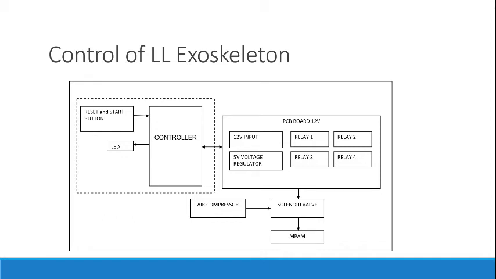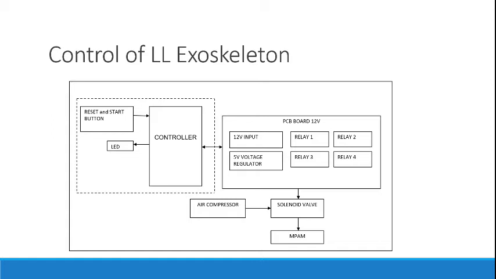After we discuss the actuation system and the mechanical design, now we move to the control of the lower limb exoskeleton. For this lower limb exoskeleton robot, we use a simple type of control.